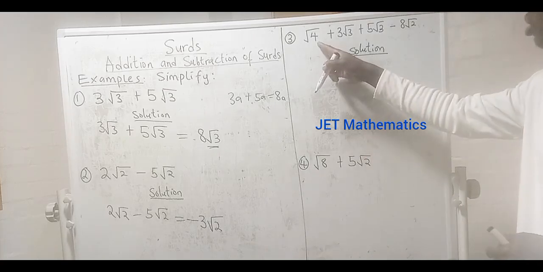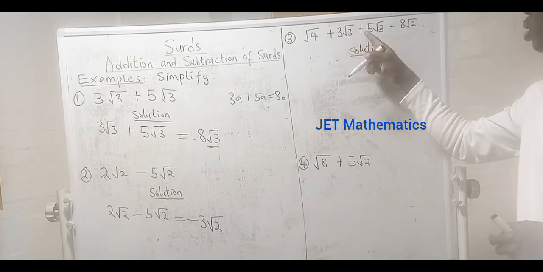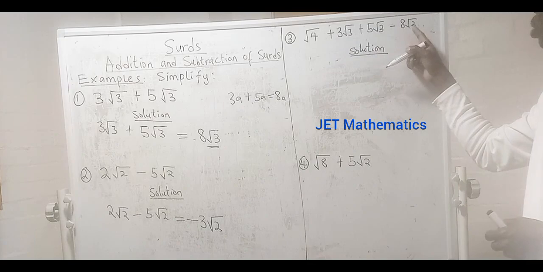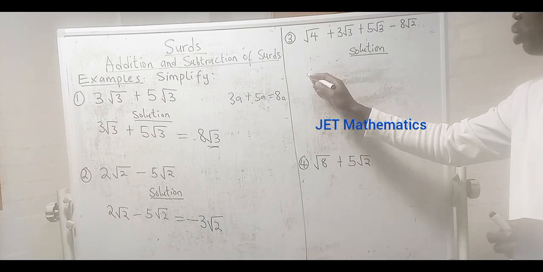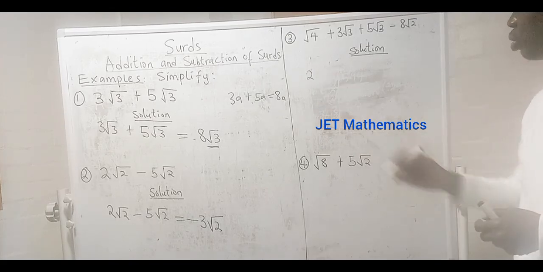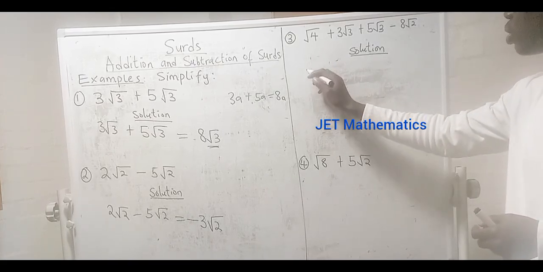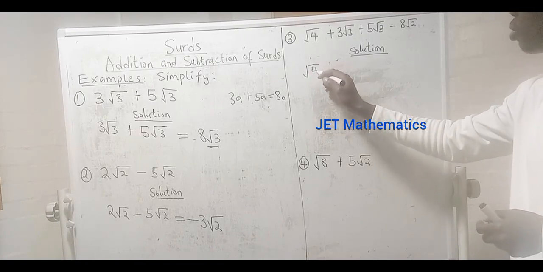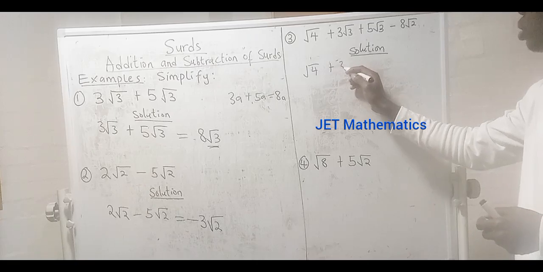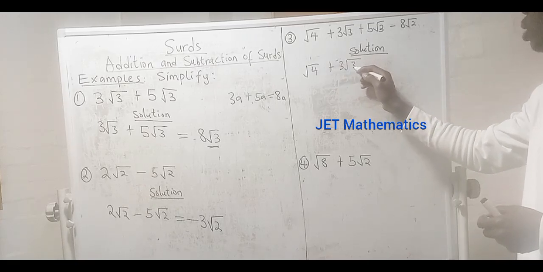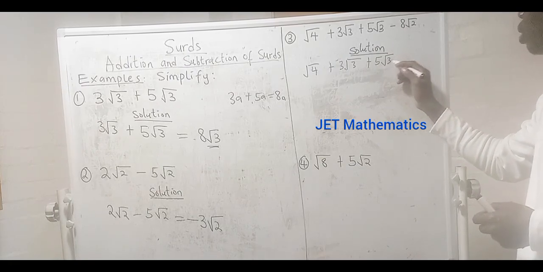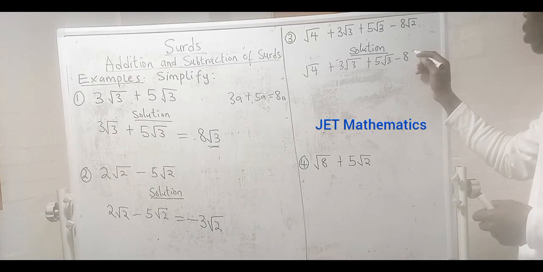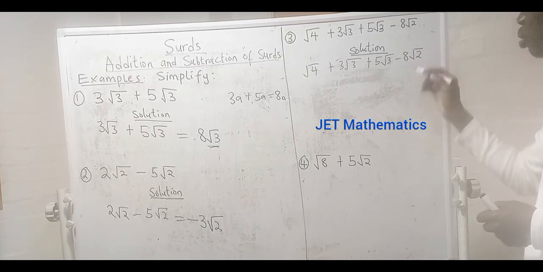This example says root 4 plus 3 root 3 plus 5 root 3 minus 8 root 2.